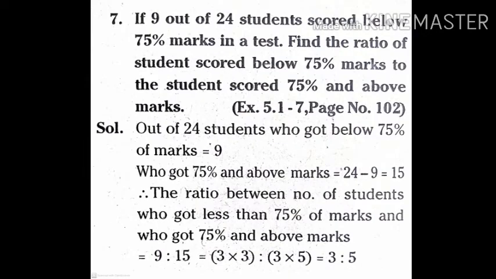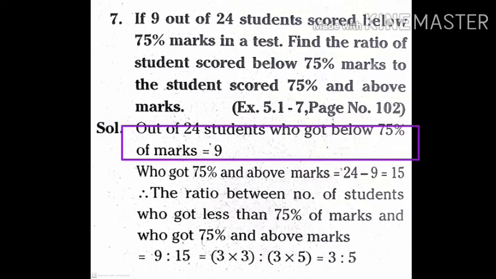Next question. If 9 out of 24 students scored below 75% marks in a test, find the ratio of students who scored below 75% marks to the students who scored 75% and above marks. Solution. Out of 24 students, those who got below 75% of marks is equal to 9 students.